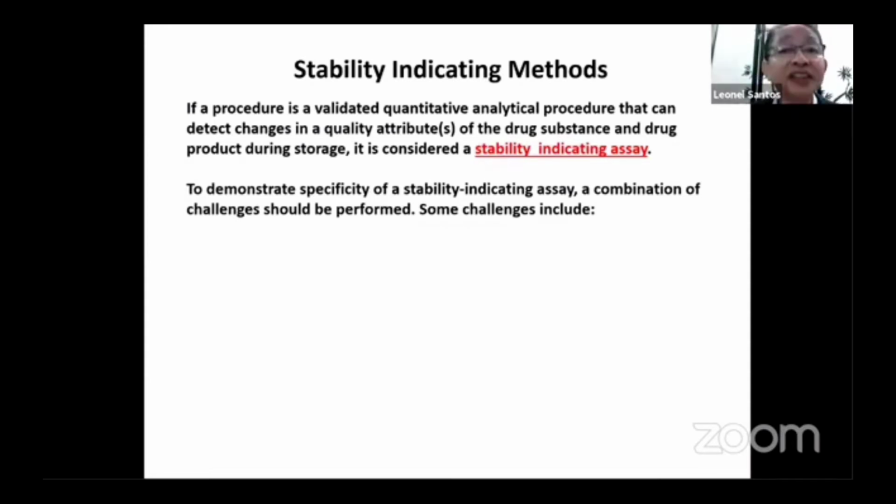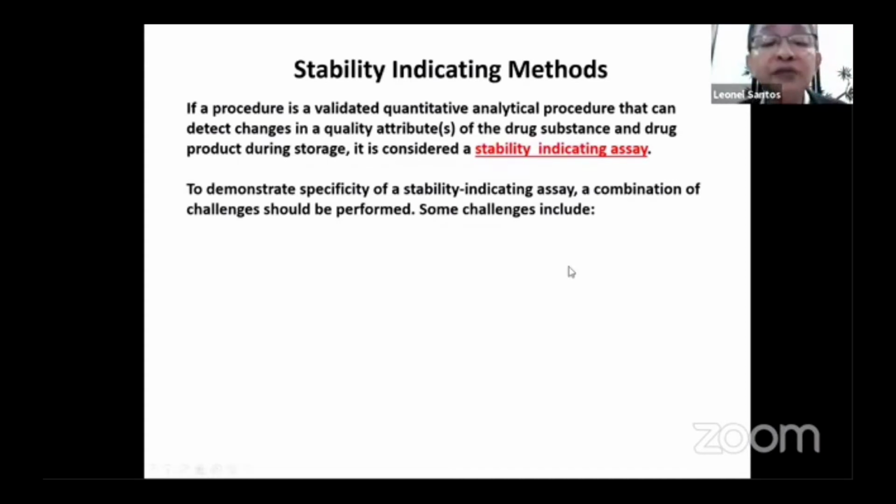For example, in an acid-base titration, the base will titrate any acid regardless of what type of acid it is, as long as it has the acid functionality. While in HPLC, which is the reason why it has been used so widely for many years, the HPLC allows you to separate the components before the quantitation.